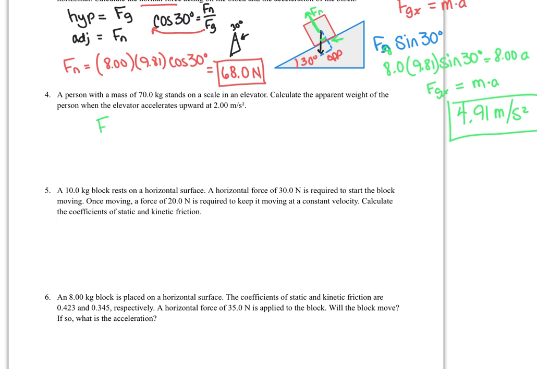The apparent force, we'll just say apparent because it's not actual, is going to be the mass times the acceleration, and then we subtract the acceleration of gravity times that mass. Remember, if it's accelerating upward while gravity's pulling downward, it's going to look like it weighs more than it does. So then we just add them up pretty much. What do you get when you say 2 times 70 minus a negative 9.81 times 70?